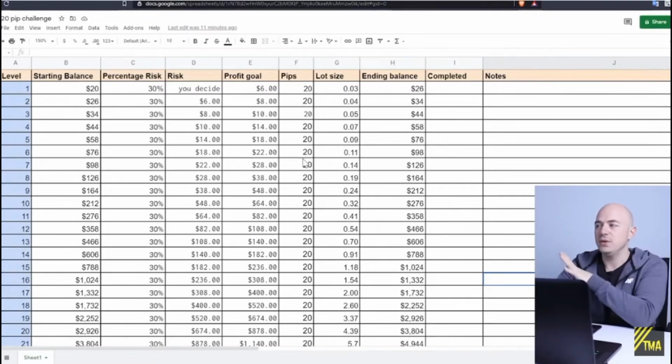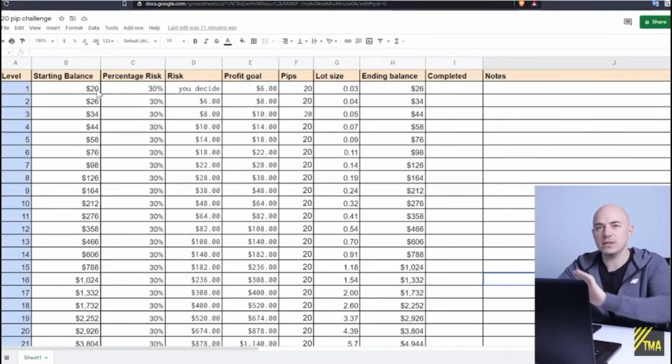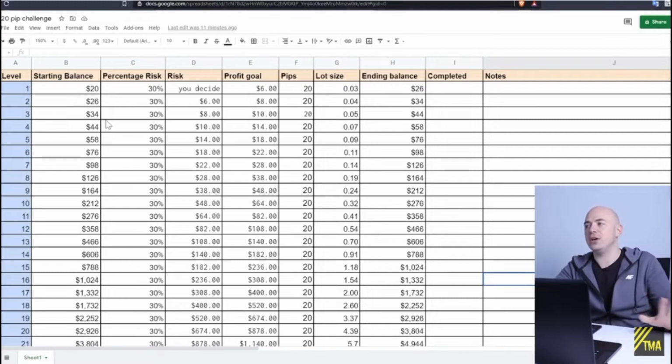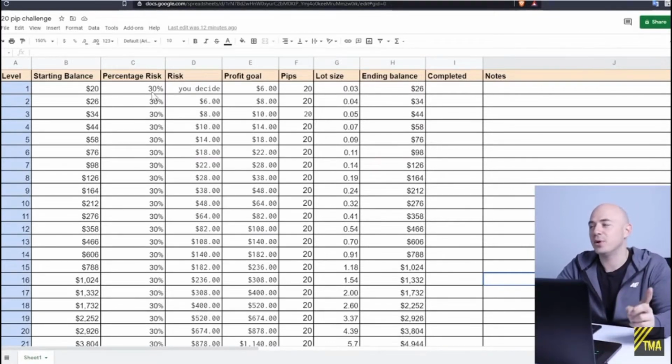Essentially with this, you can start off your Forex account with $20, 20 euros, 20 pounds, whatever, 20 of the big currency. Each trade, you're trying to get 20 pips. If you get that 20 pips at a specific lot size listed on this chart, trying to increase your account by 30% per trade.